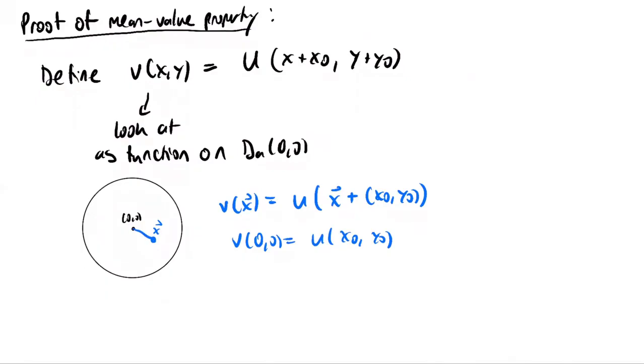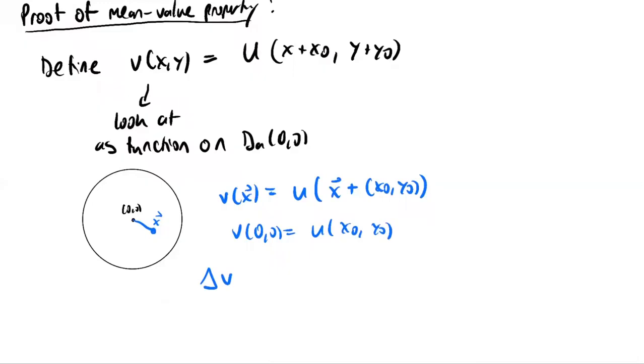It's not too hard to check that the Laplacian of v is equal to 0 in this disk. Because at any point in this disk, say this point here, calculating the Laplacian of v at this point is the same thing as calculating the Laplacian of u at that point shifted by x naught, y naught.